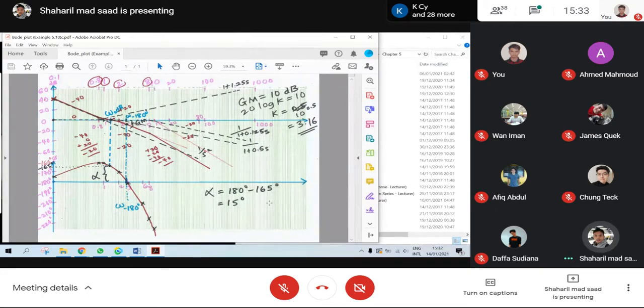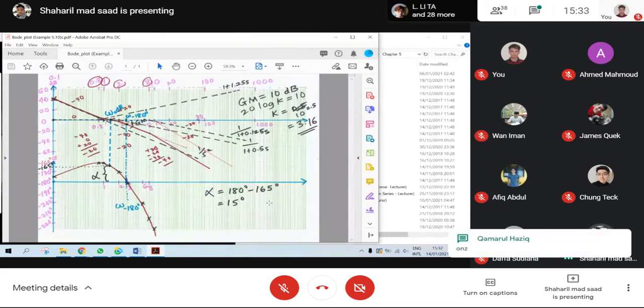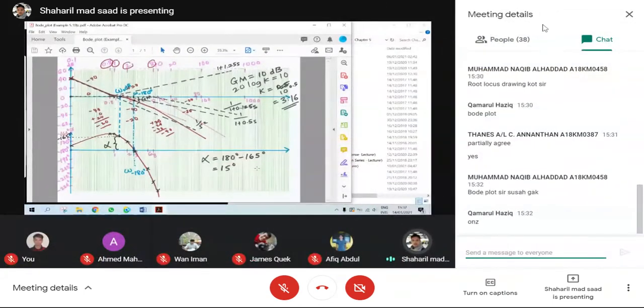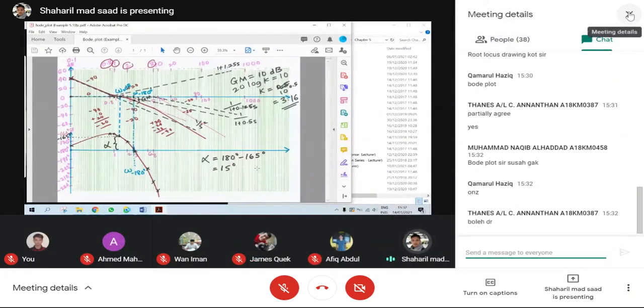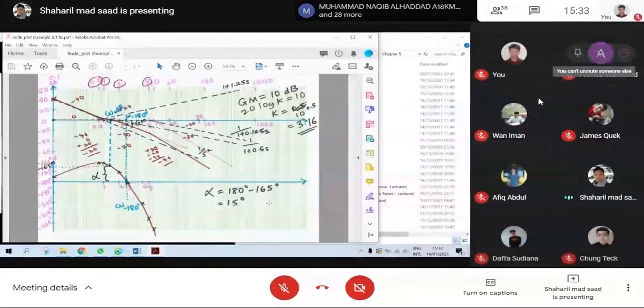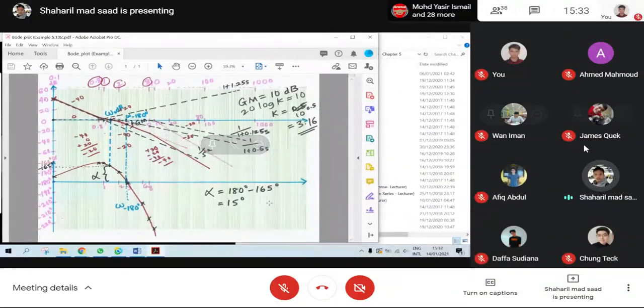You don't need to use this approximate asymptote. There is one very easy way.